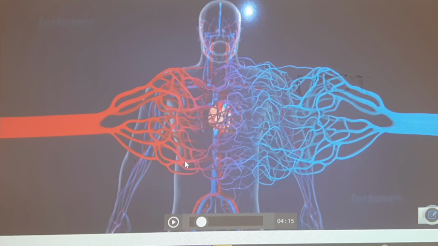These small capillaries further join together to form small veins, and these small veins join together to form large veins, and these large veins again join together to form the largest veins in the body. Finally these veins carry blood and reach the heart.